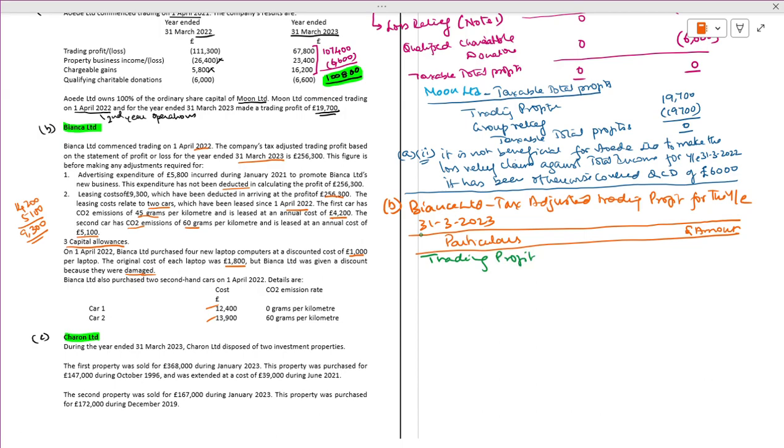Trading profit is 256,300. Okay, they have not deducted advertising expenses.